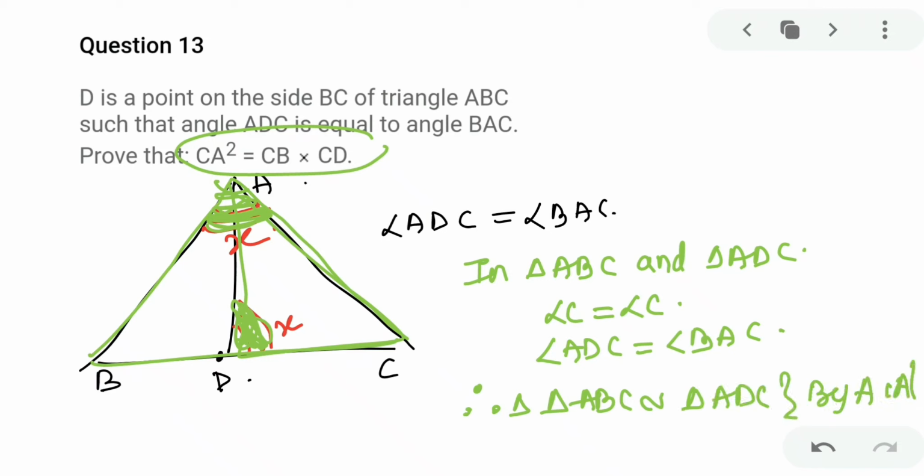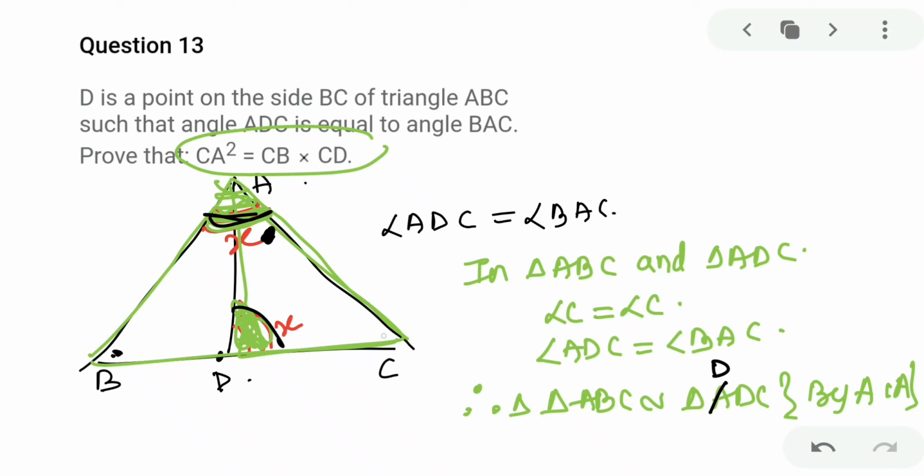And once you got the similarity, check with the name. Is A equal to A? No, A is equal to D. So I have written wrong, I guess. Here A is equal to D, so here I have to put D. And B will be equal to this part.